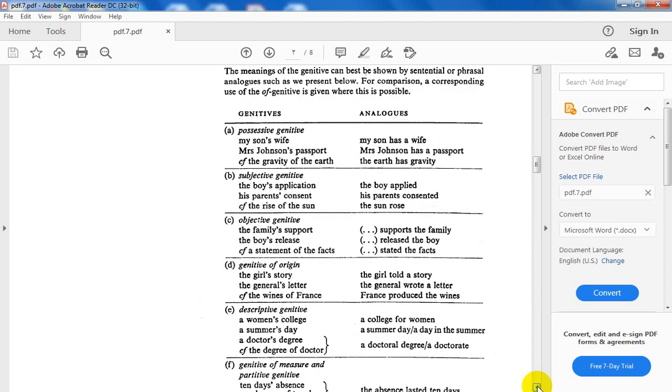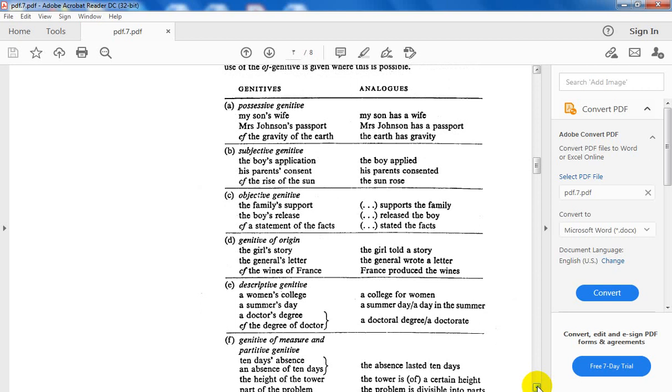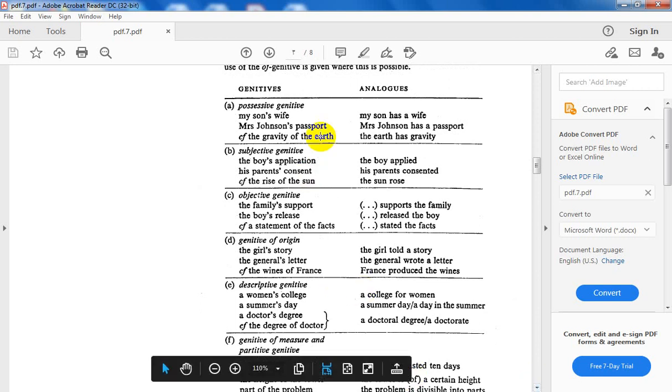First of all, let us see what they are, and then we are going to see what are the structures in which I use S, what are the structures in which I use of. The first and the most common case is called possessive genitive.